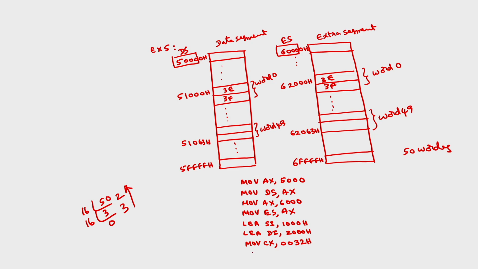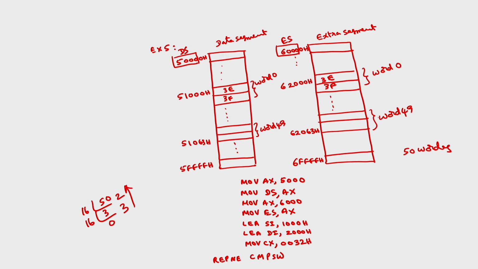Now we can directly write compare string word, CMPSW. Inside this instruction it will compare the source and destination, for 50 iterations. If I add a prefix called repeat not equal, REPNE, then it will continue only if there is no match, that is one condition.